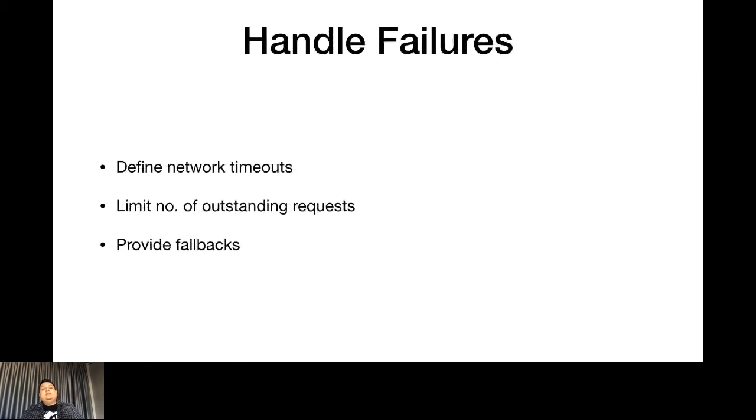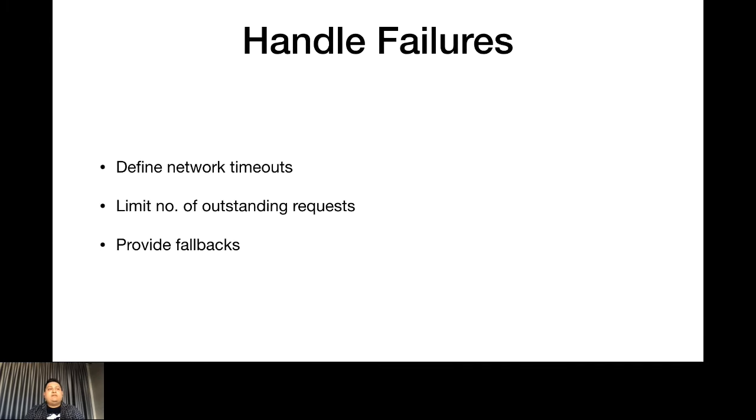Okay, so the next thing is what you should do with failures. And in our opinion, you should handle the failures. What it means? In our microservice architecture, many things could fail. And as our architecture is built from multiple pieces, more than one piece could fail at a time.